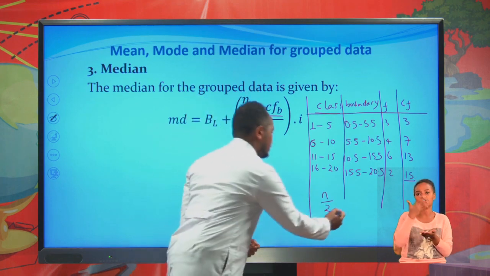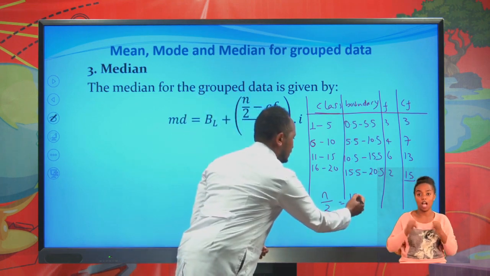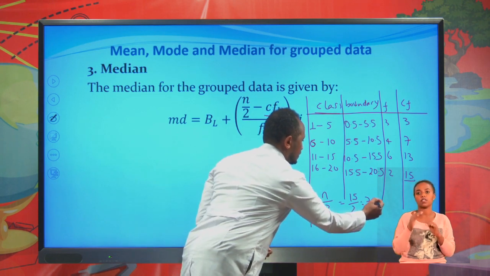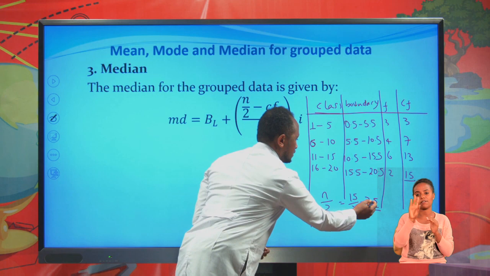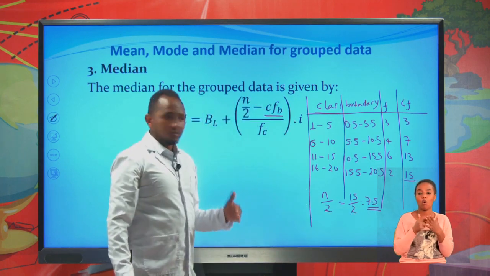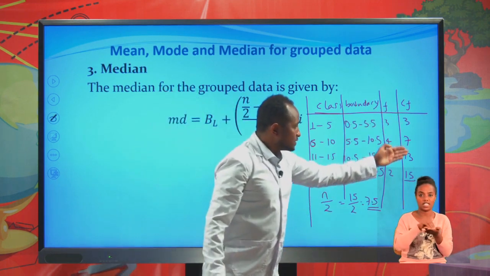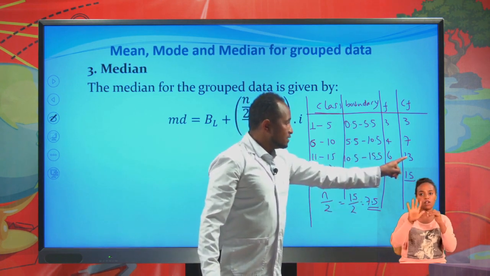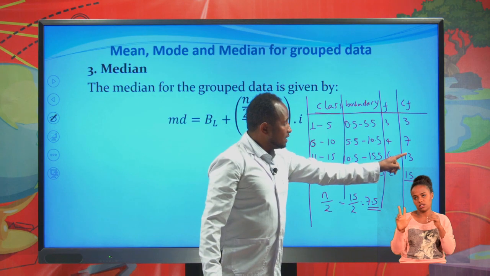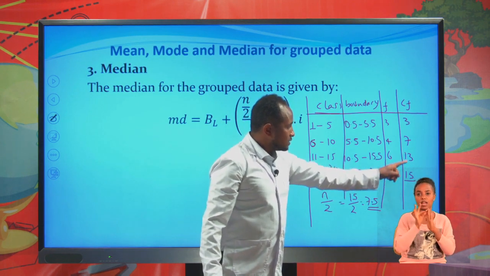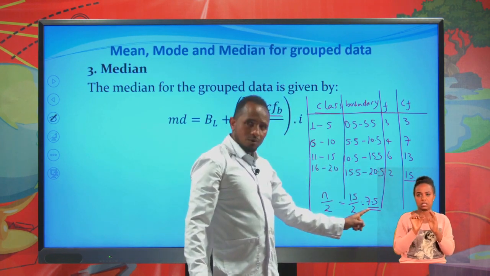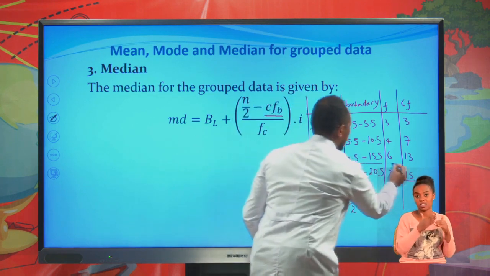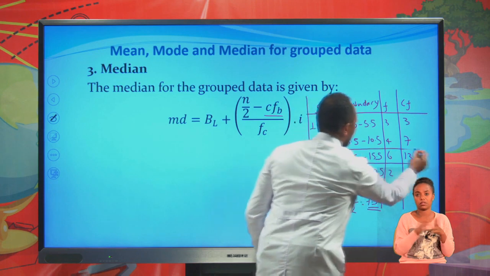When you divide 15 by 2, it is 7.5. So the least cumulative frequency which is greater than 7.5 is 13. Therefore, this part will be the median class.